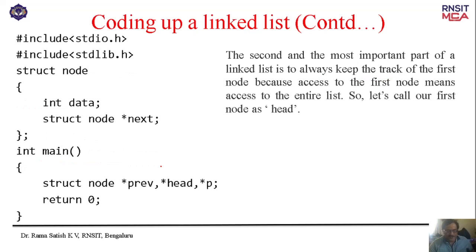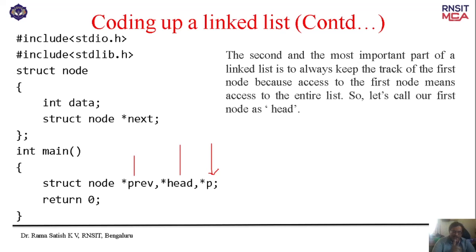Once it is done, next you declare the required pointers. Star prev is for the previous pointer, star head is for the head pointer, and p is a pointer for the new node, to be connected.